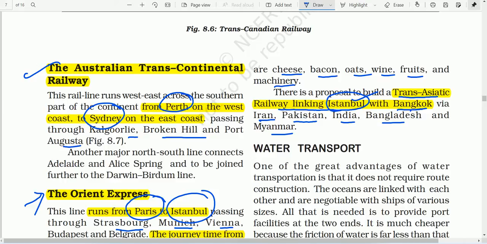So it connects the western part of Asia, from Turkey up to Thailand. This will be called Trans-Asiatic Railways. It is proposed and will be constructed. So these are about railways.